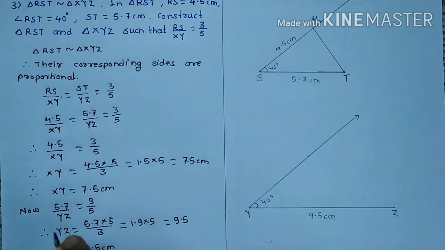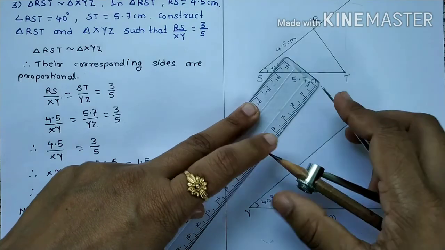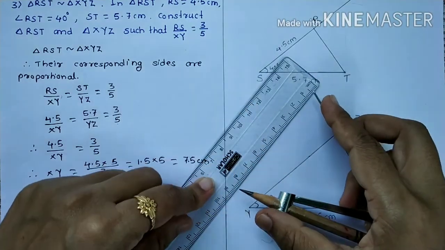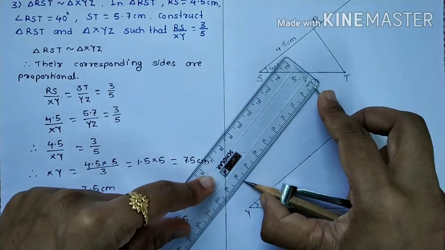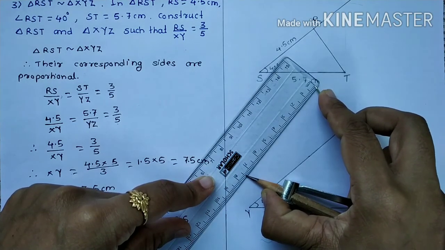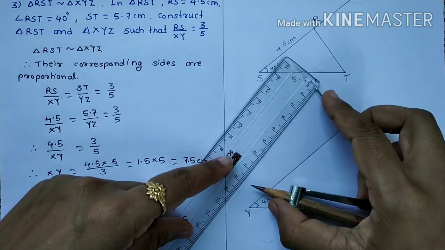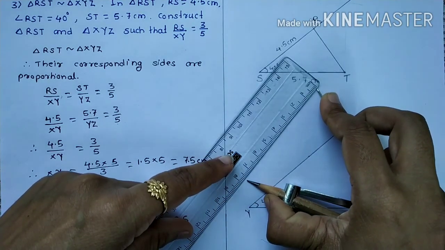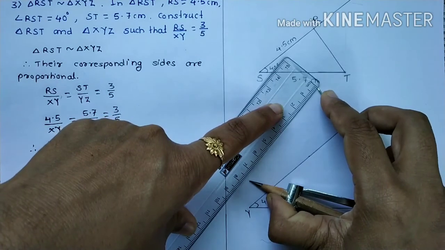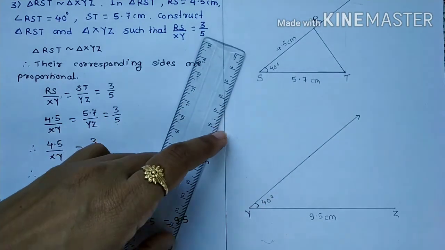Now XY is 7.5 centimeter. So take 7.5 centimeter.